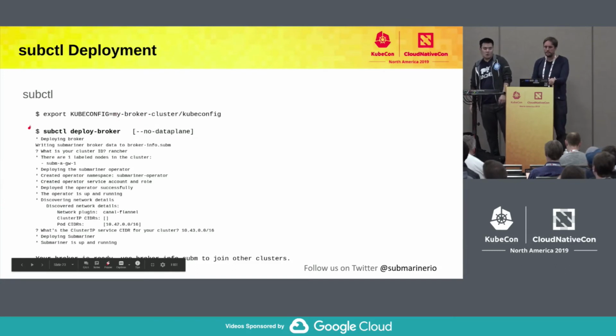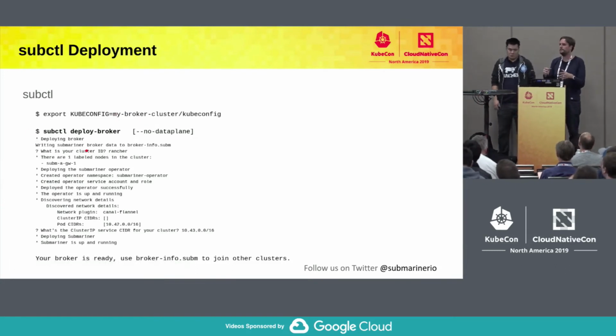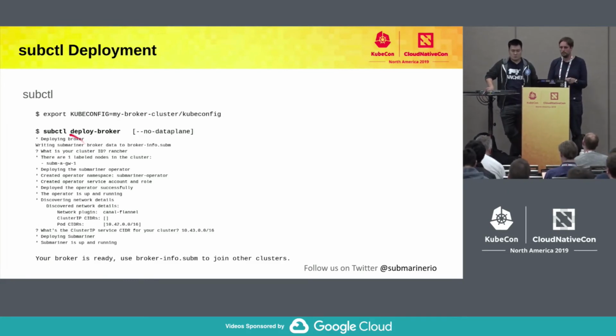With subctl, we made it the default that you only need two clusters to try it out. Unless you specify the no data plane flag, deploy-broker will deploy both the broker and the Submariner data plane. So you just need two clusters.